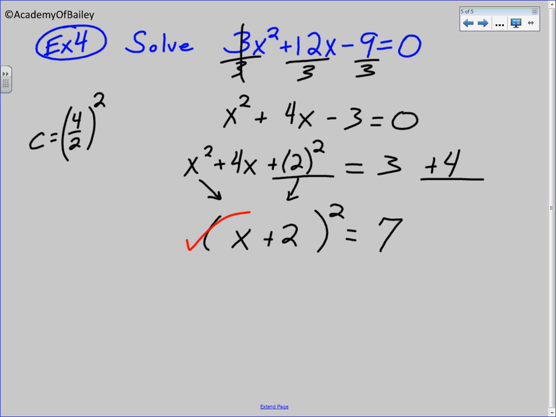After we take the square root of both sides, x plus 2 is equal to plus or minus square root of 7. Subtract 2 from both sides. X is equal to negative 2 plus or minus square root of 7.